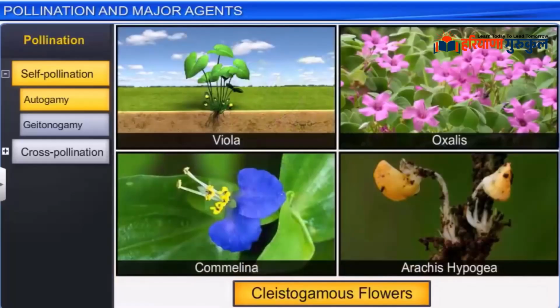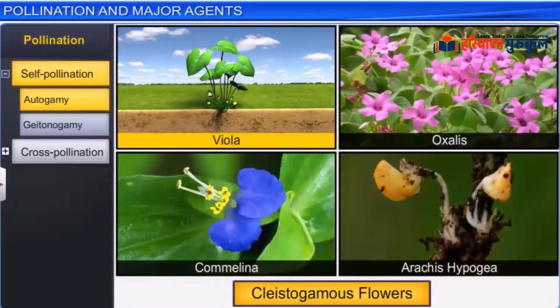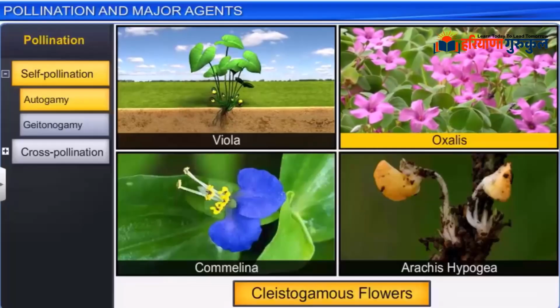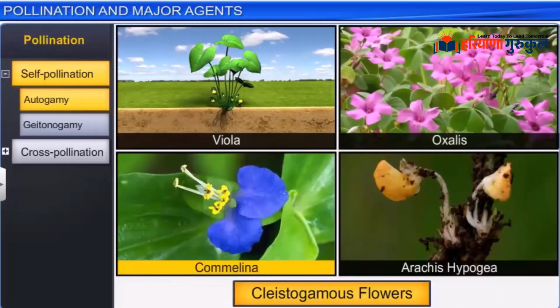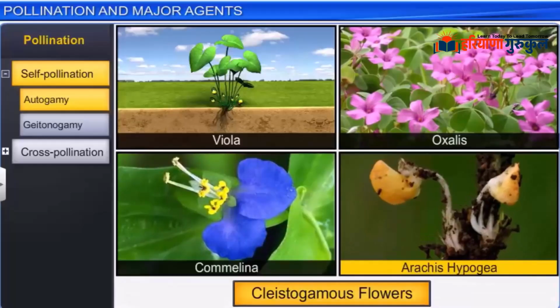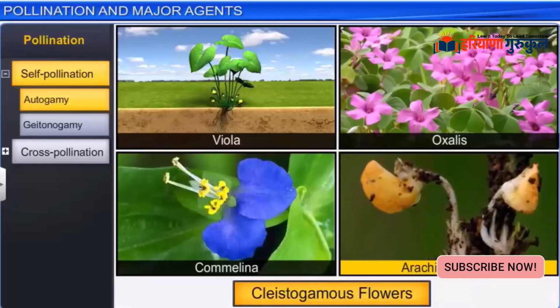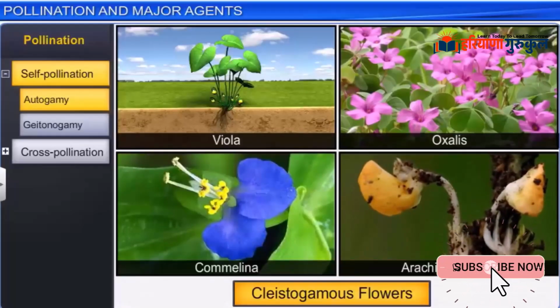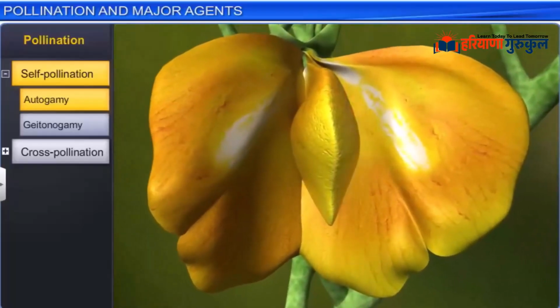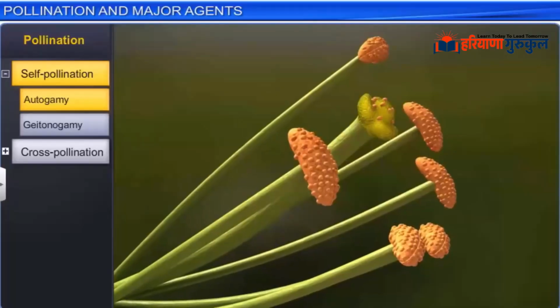These are produced by plants such as viola, oxalis, camelina, and Arachis hypogea or peanut. The anthers and stigma of these flowers lie very close to each other.